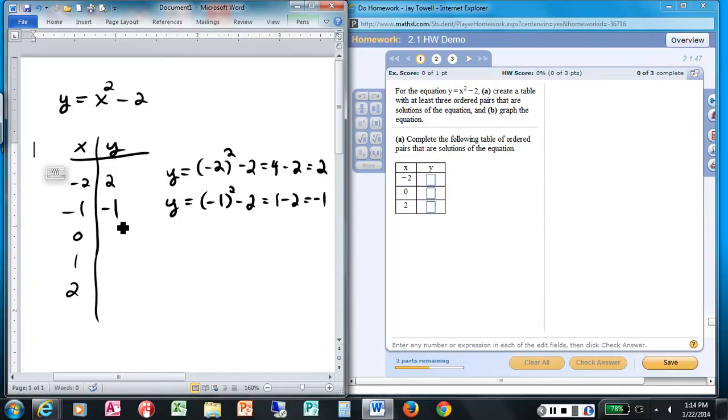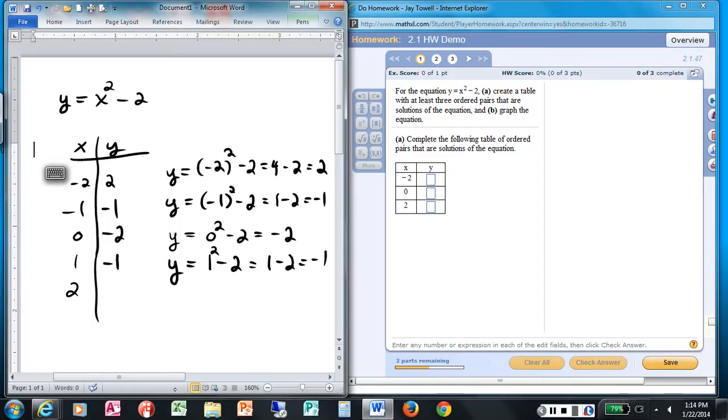Also y value. A little bit easier now for the 0 and the positive. 0 squared minus 2, what do you got there? That'd be 0 minus 2 is -2. +1, so we have 1 squared minus 2, 1 minus 2 again, so that's also -1.